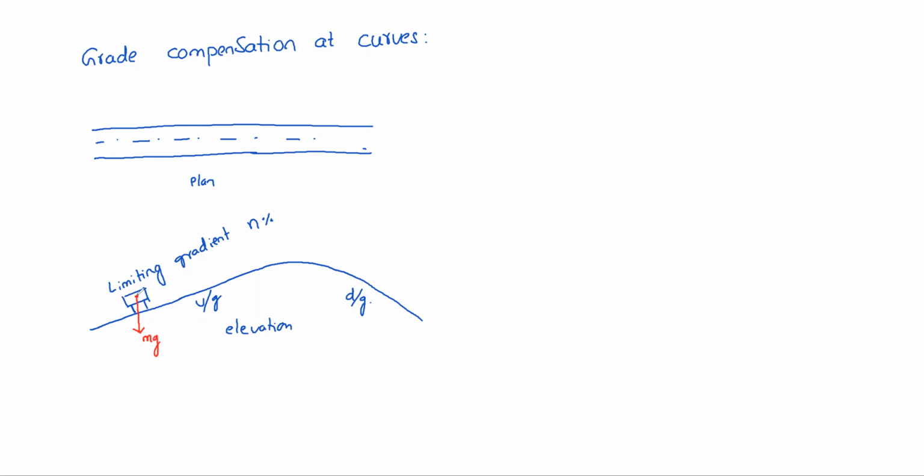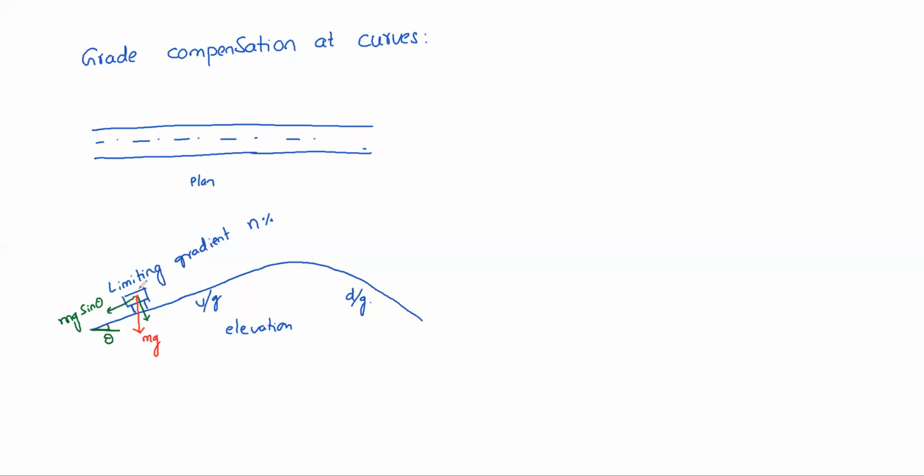Suppose this gradient angle is theta, then the mg sin theta component will act in the opposite direction. So against the motion, an mg sin theta force is acting. The engine cannot haul beyond that, so up to certain gradients only it is permitted.